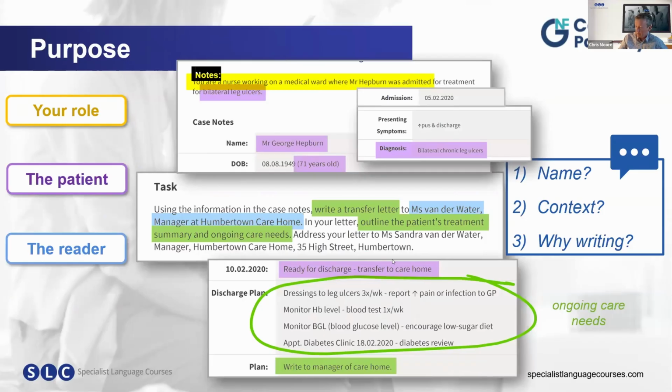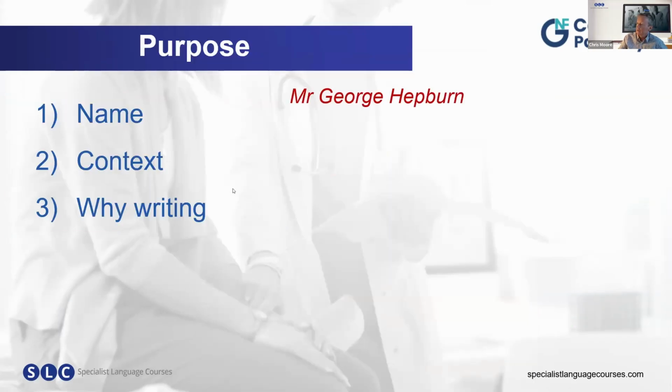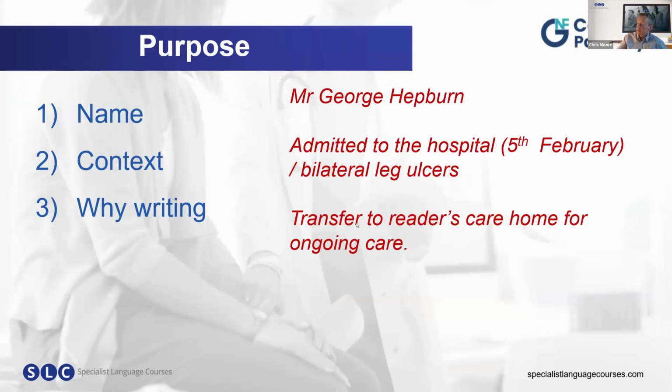It's transfer to care home. That's listed up here. It says, write a transfer letter to Miss Vanderwater at the care home. So you're writing in order to transfer the patient to the reader's care home for ongoing care. And this is where the information about the discharge plan will come in.